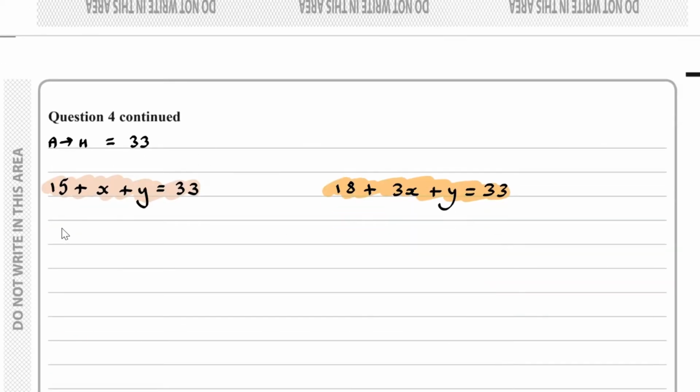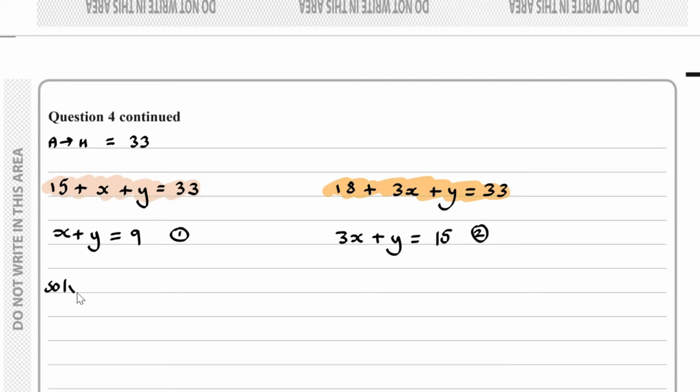So if we tidy this up, we have x plus y equals 9. We'll call this equation 1. And we also have 3x plus y equals 15. We'll call this equation 2.